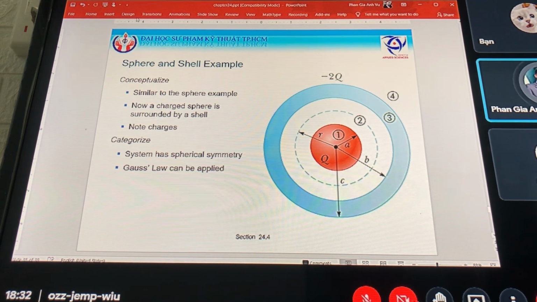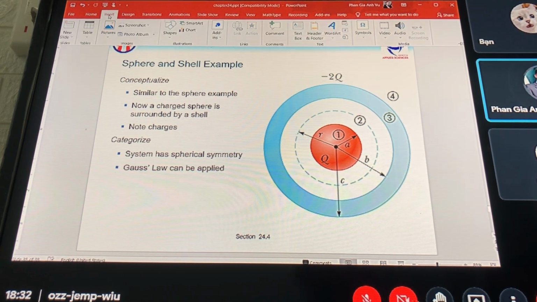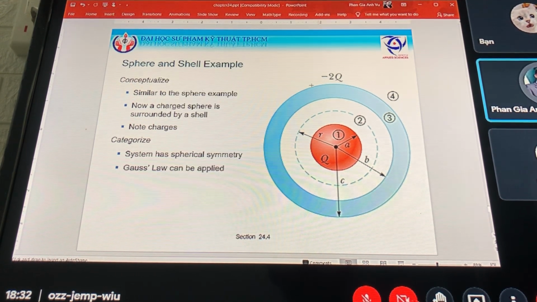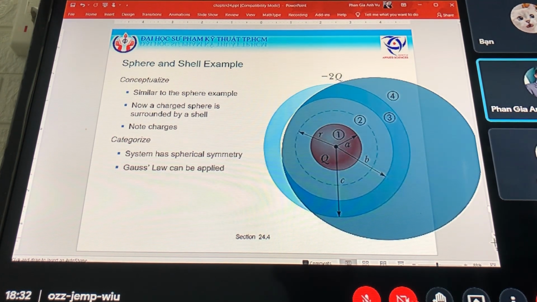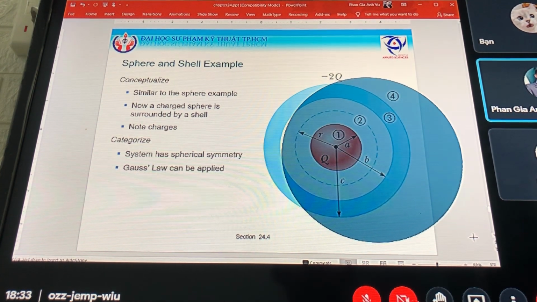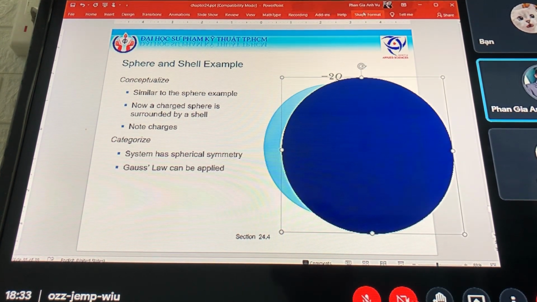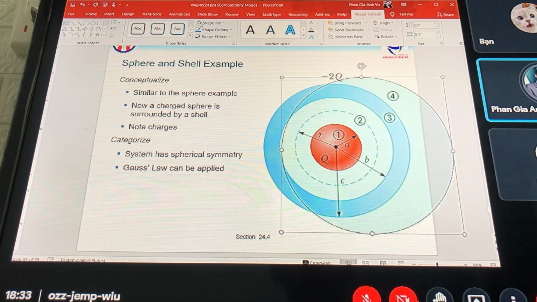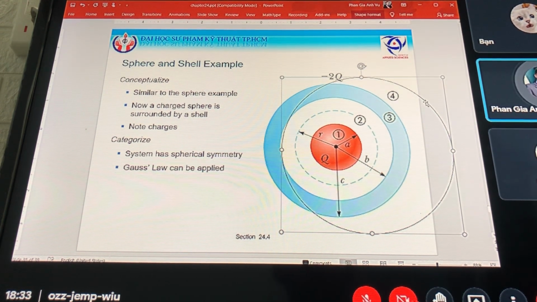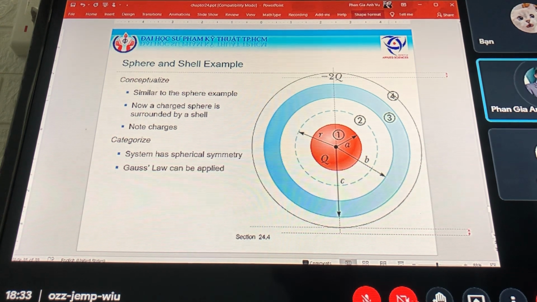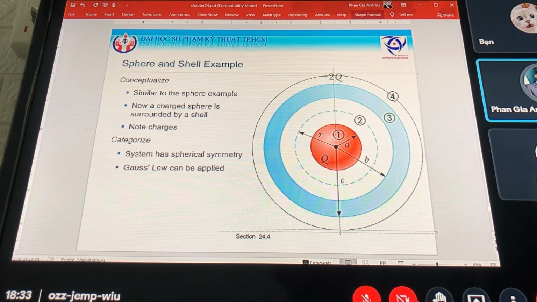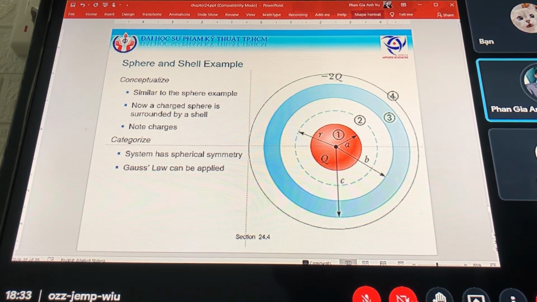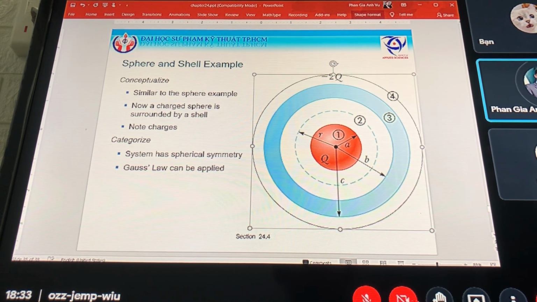You can, for example, draw a Gaussian surface like this one. I draw a very large surface here in the area 4, right? That is concentric with the shell.